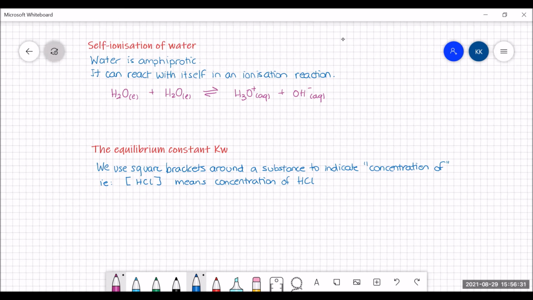Now, because of this reaction, every single substance that's dissolved in water, every aqueous solution, will contain some hydronium ions and some hydroxide ions.